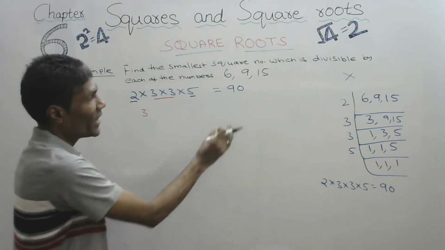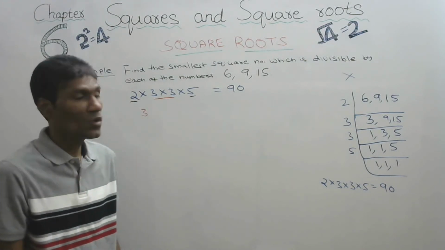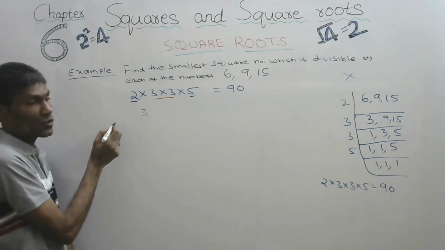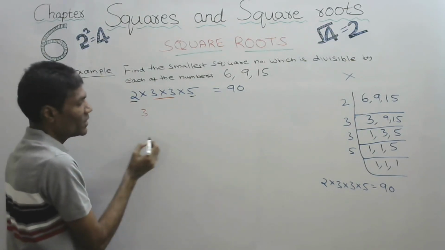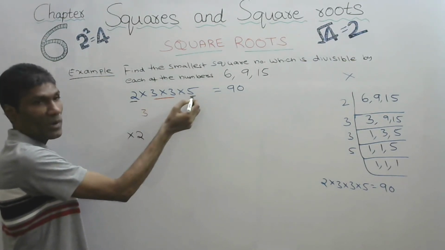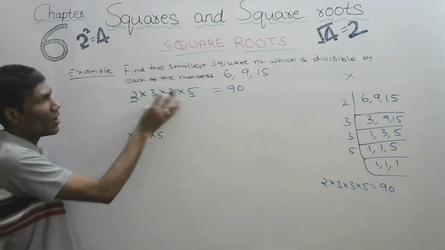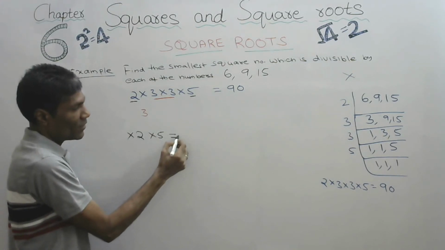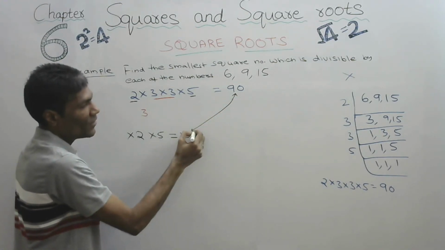So to get this as a perfect square, what are we supposed to do? We have to pair this with another 2. So we have to multiply this number with 2, and also with 5, because we want to get pairs. So 2 into 5 is 10. So we should multiply this 90 with 10.